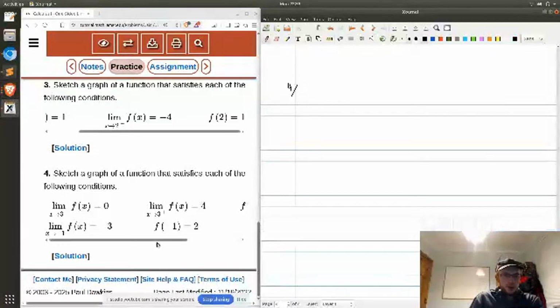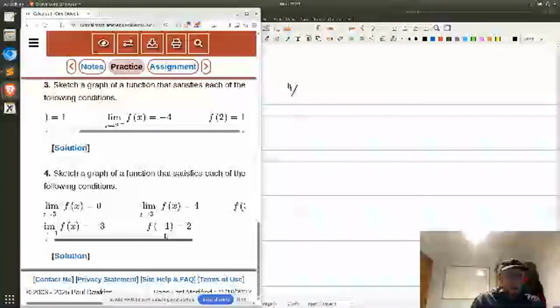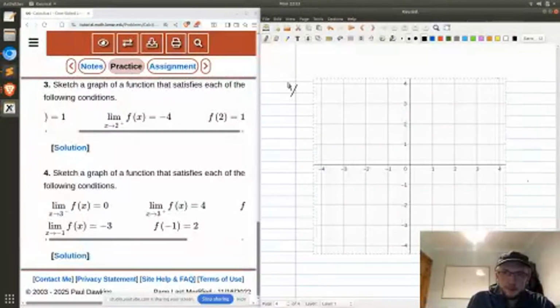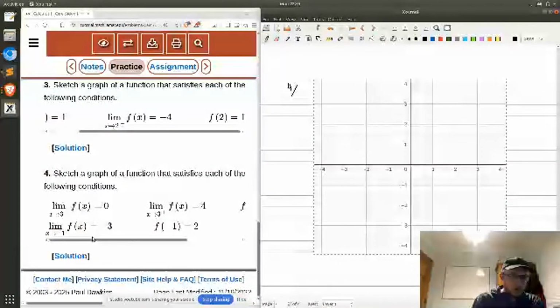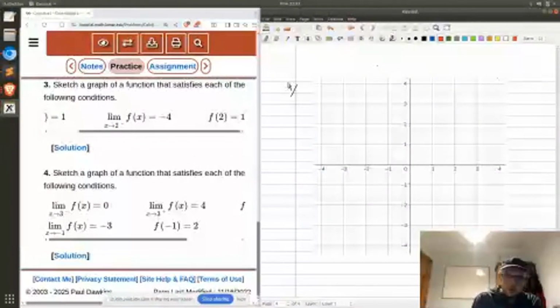Sketch a graph of a function that satisfies each of the following conditions. So I will borrow the same amount, copy and paste. The limit should be 0. As you approach 3 from the left, it should be 0.